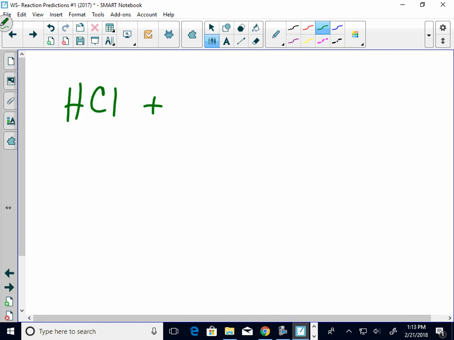An acid and a sulfide salt. So let's just put a sulfide, IDE, so that's sodium sulfide right here, will yield a salt and hydrogen sulfide gas.